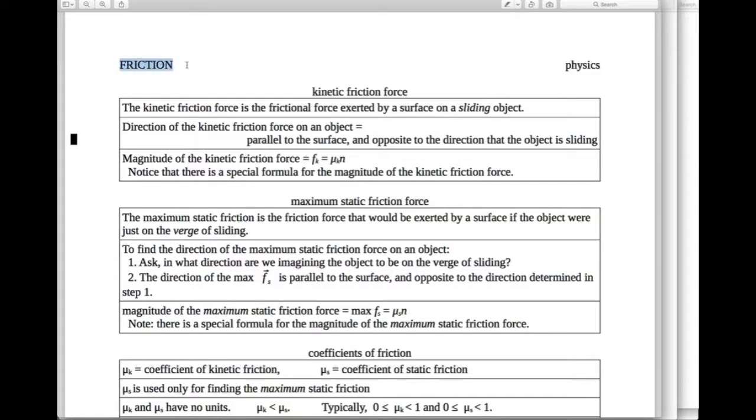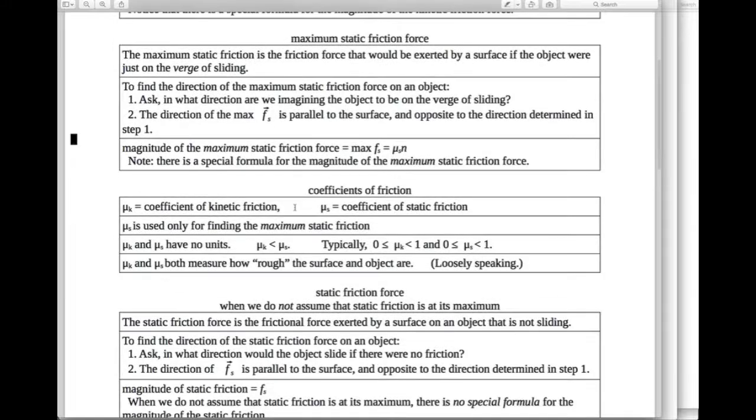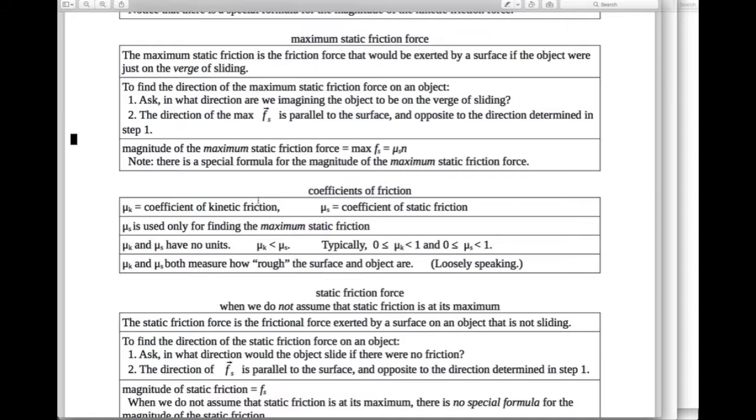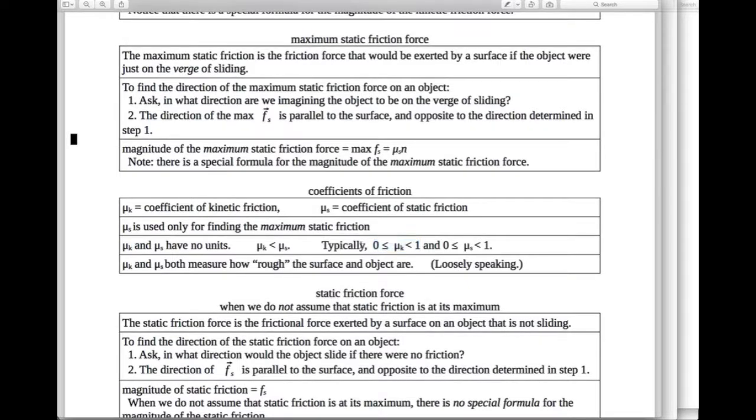Let's go back to this friction handout to review some of the key ideas that we were talking about now about coefficients of friction. So we mentioned that mu sub k has no units, and we saw that the typical range for mu sub k is between 0 and 1.